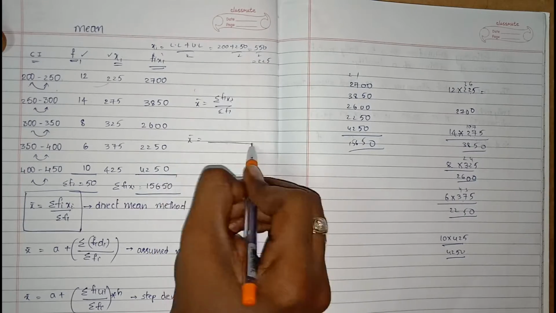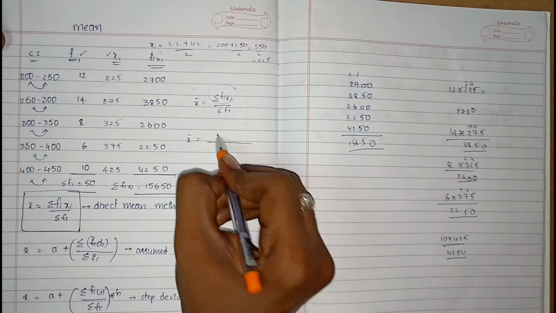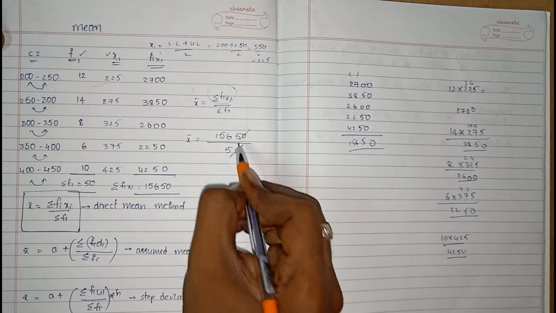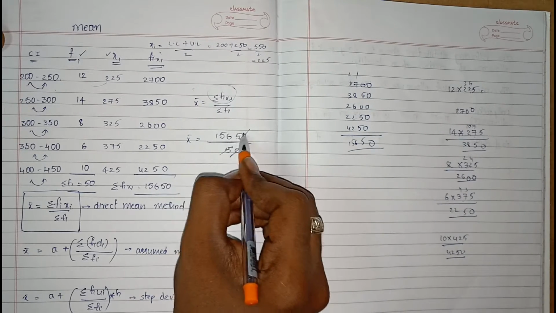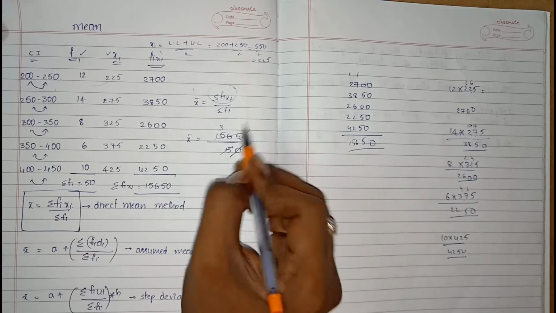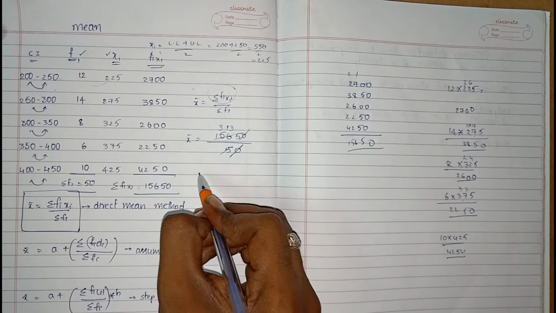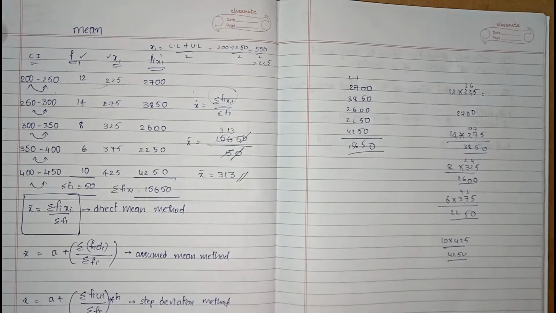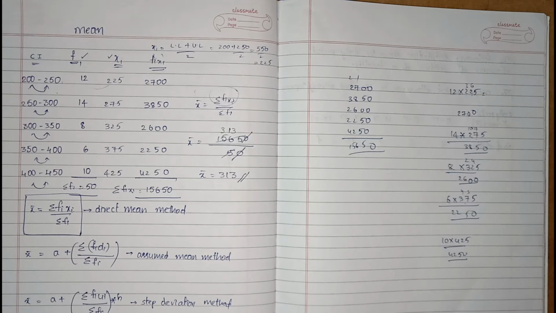So x bar is equal to 15,650 by 50. The 100s cancel. 5 ones are 5, 5 3s are 15, and 5 13s are 65. So x bar is equal to 313. So that is the required answer.